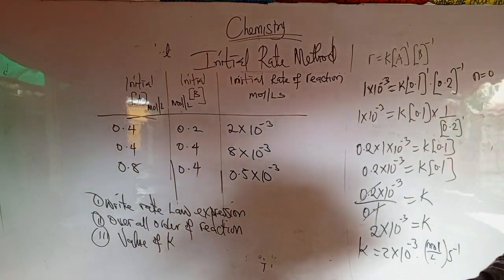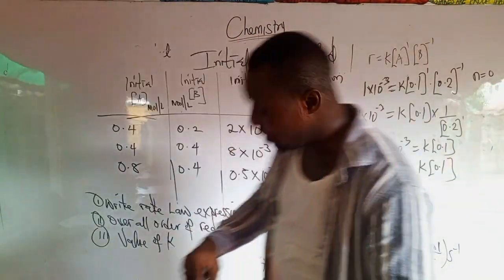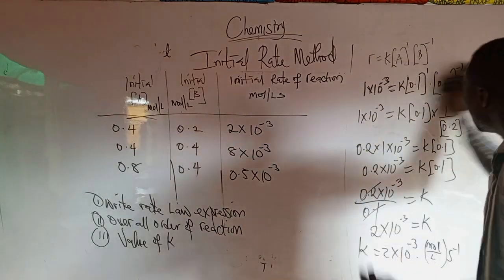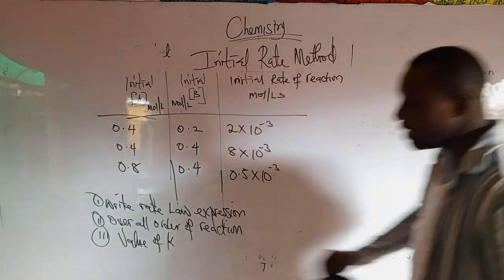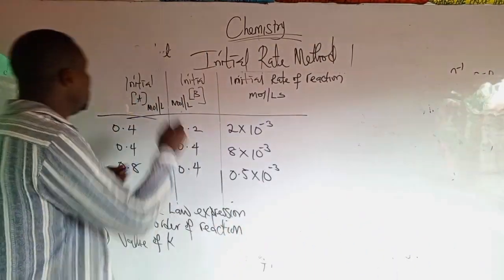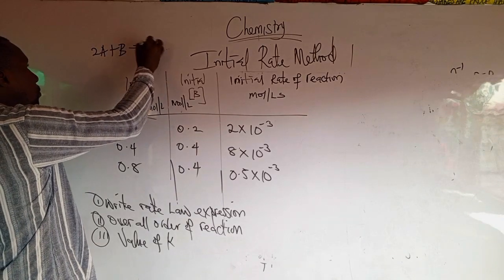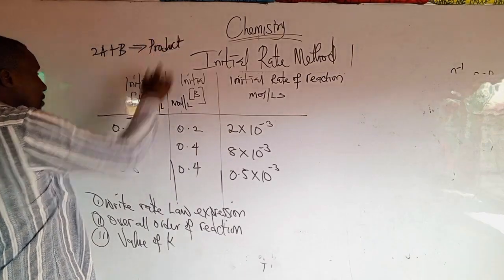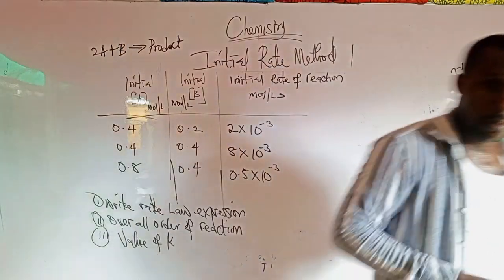Let us do that. In this case, let's look at the shortcut first, before we work it out. This is the data for the reaction 2A plus B to give a product, during the experiment.